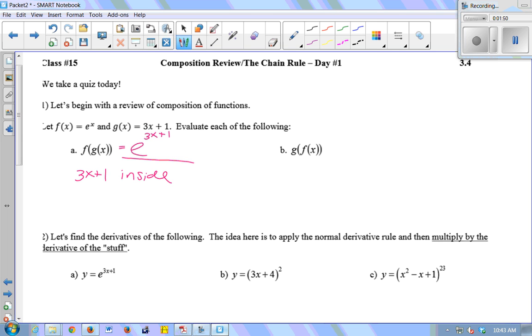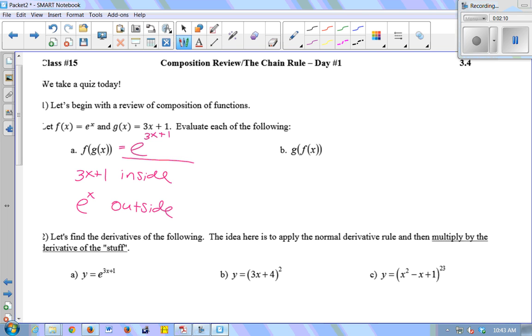And what would we call the outside function? E to the x. So e to the 3x plus 1 is a composition of two functions, e to the x and 3x plus 1, and we call one of them the inside function and one of them the outside function.